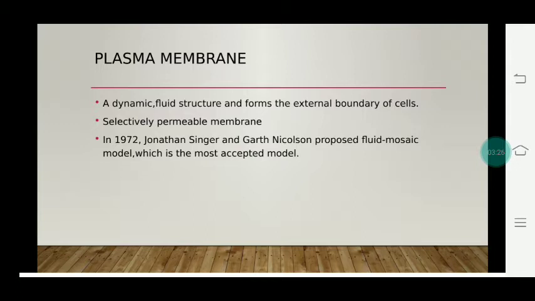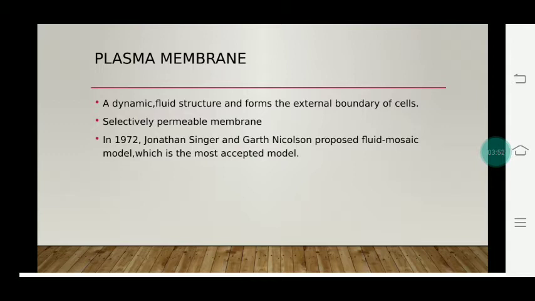In this model, the membrane is viewed as a fluid structure in which proteins are inserted into the lipid bilayer.